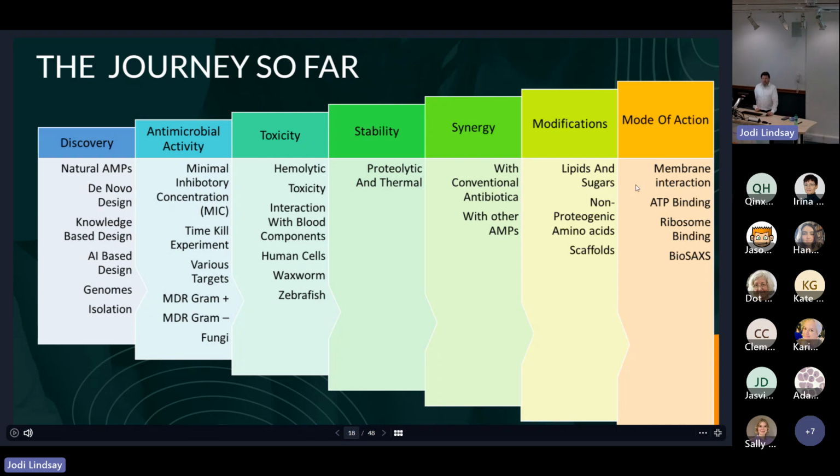Mode of action, obviously really interesting. Many people still believe that most of these peptides just make pores. The opposite is actually the case. The minority of them makes pores. Many of them go actually inside. We showed that they can bind to ATP, RNA, DNA as well, ribosomes, and we developed a whole new system to screen for their modes of action.